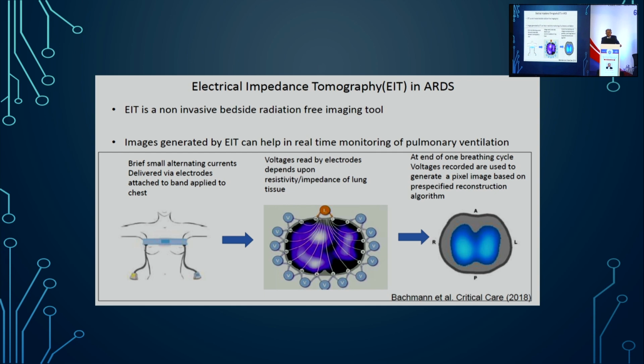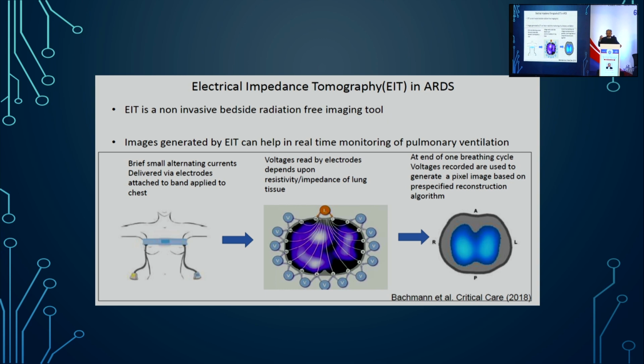Another new technology which has come about is electrical impedance tomography. Now, if you look at the electrodes which are put on the chest wall, like a band tied around the chest, there is an alternating current which flows through it, and the electrical resistance will depend on the compliance of the lung.